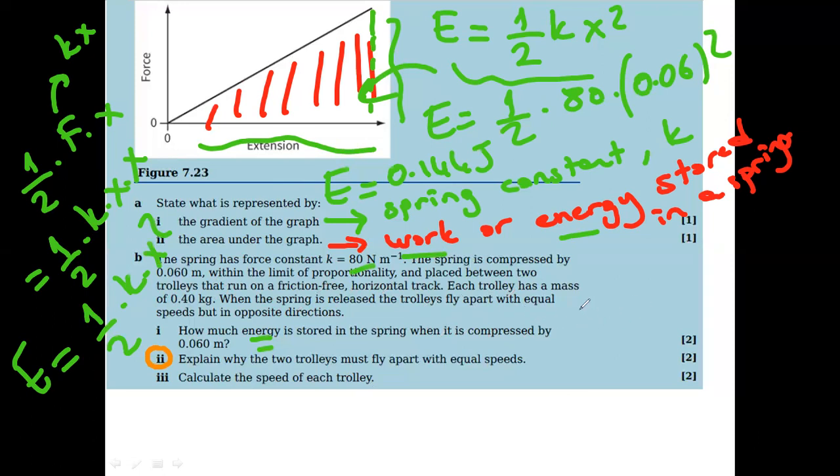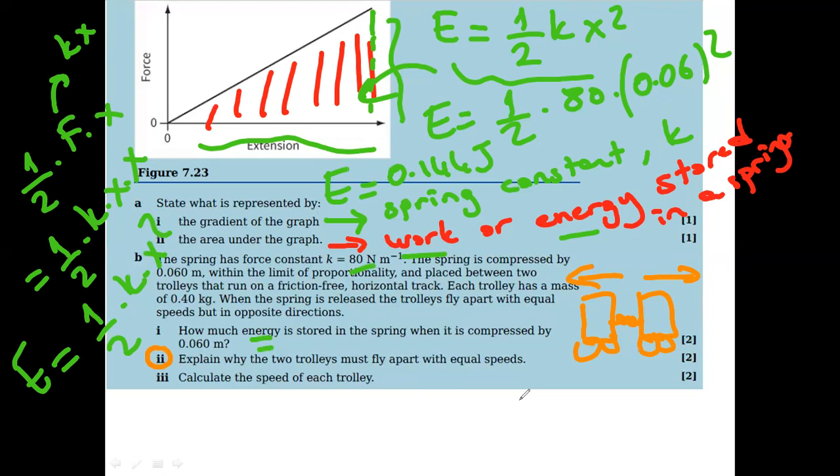Let's assume we have two trolleys like this, and we have a spring between them. We compress them. So when we release, they will move in opposite directions. And the question is asking why the two trolleys must fly apart with equal speeds, equal speeds in opposite directions. Why? That is the question.